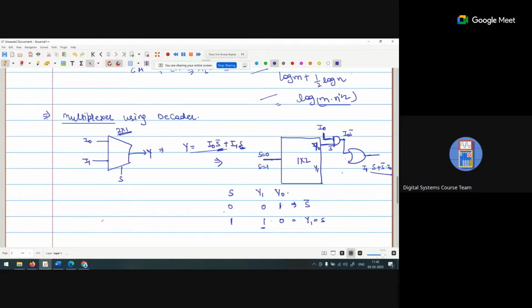Similarly, if you are using S and I1, we are getting I1 S. If you are using the OR gate, we take the output as I0 S bar plus I1 S.